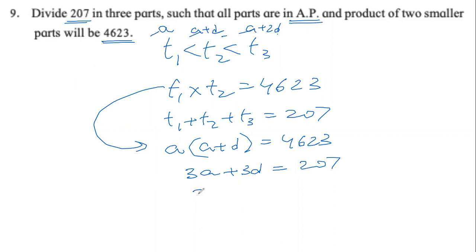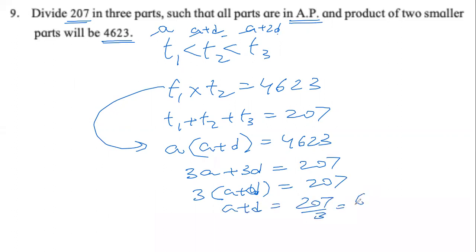Now we have 3 common, A plus D, which is 207. So A plus D equals 207 by 3. 3 6 is 18, 3 9 is 27, so 69. Now we can put this value of A plus D here. So A into 69 equals 4623.